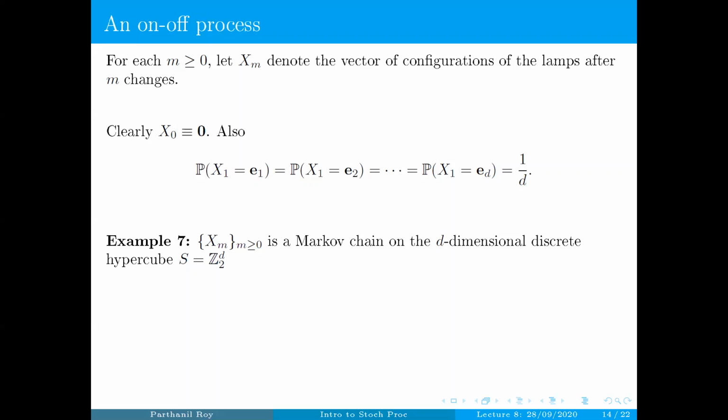It is not difficult to observe that X_m is a Markov chain on the d-dimensional discrete hypercube S, which is essentially Z_2 to the power d, or {0,1} to the power d.